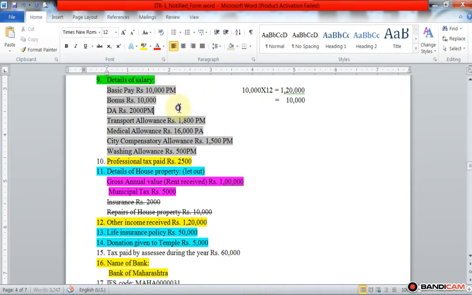Then DA is equal to 2,000 per month, so 2,000 multiplied by 12 we get 24,000.